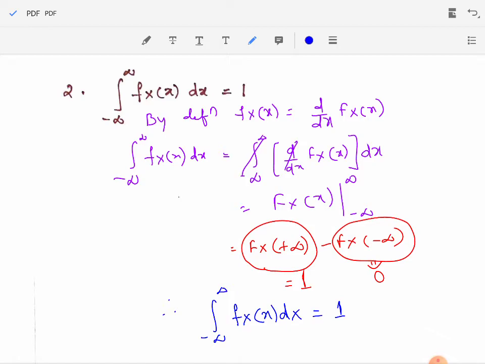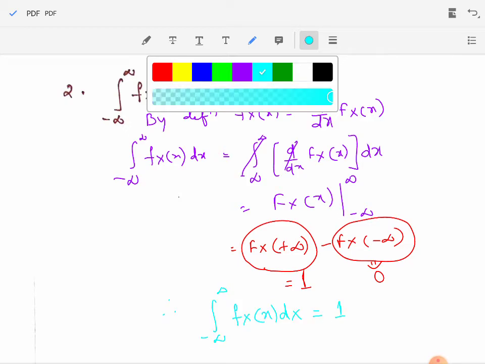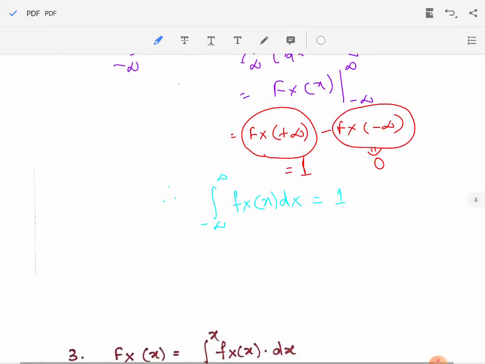So this statement also states that the total area under the PDF curve is unity. You may also be asked to prove that the total area under the PDF curve is unity.